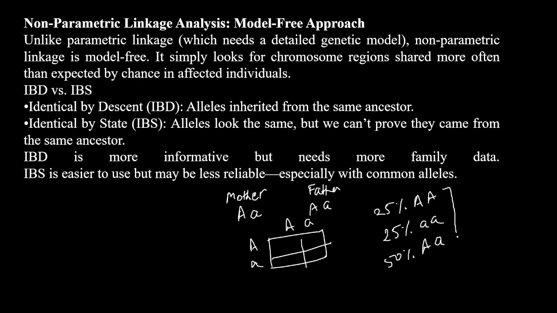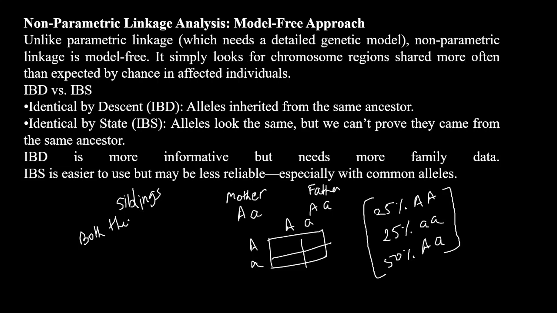So whenever this ratio is not there, suppose these two parents have two siblings, and both siblings are sharing the same allele.